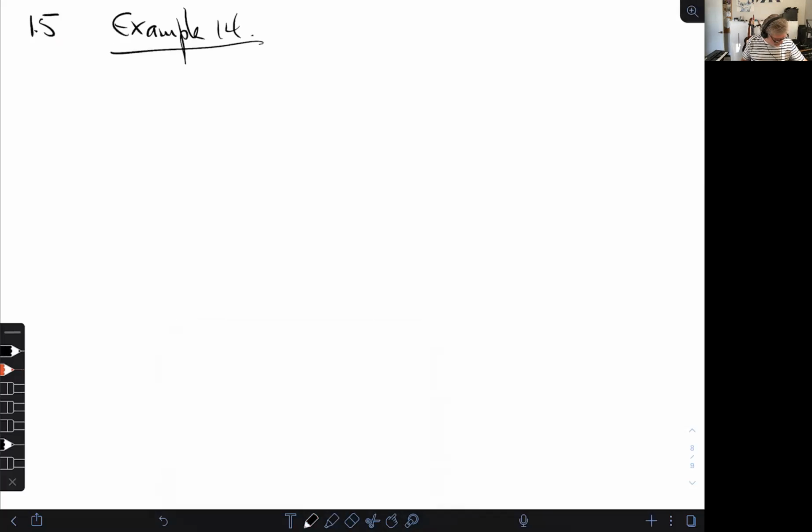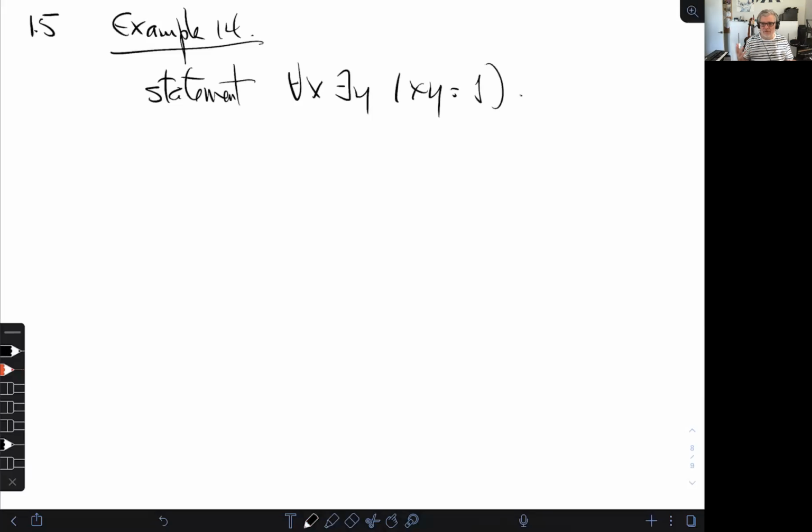So here is a statement. The statement is, for every x, there exists a y such that xy equals 1. So presumably the domain is R. This is the product of real numbers. That's the 1 for real numbers. It could be integers, but anyway, you need somewhere where this product and this 1 mean something. So this is a statement, could be true or false. It's not relevant for us right now.